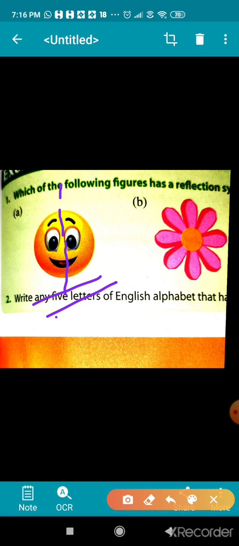Okay. Similarly, we draw symmetrical line to divide this figure in two equal parts, and here we can draw many line of symmetry to draw this figure. You just see.